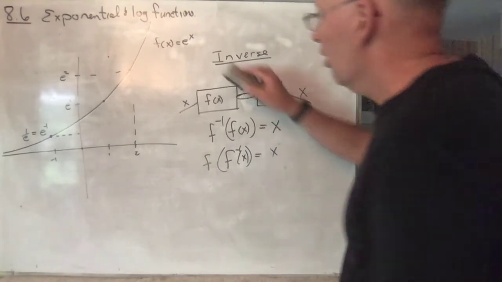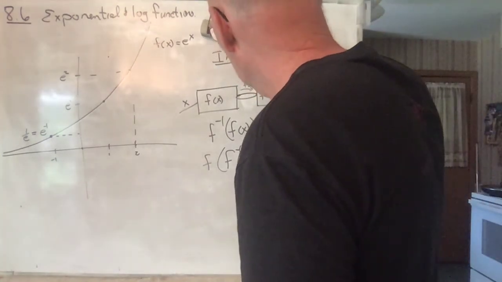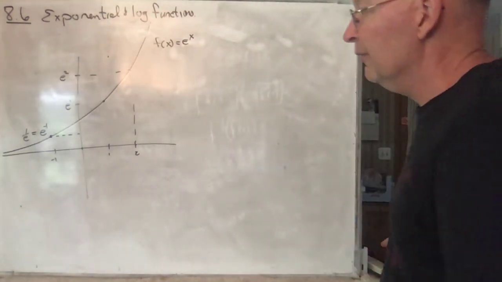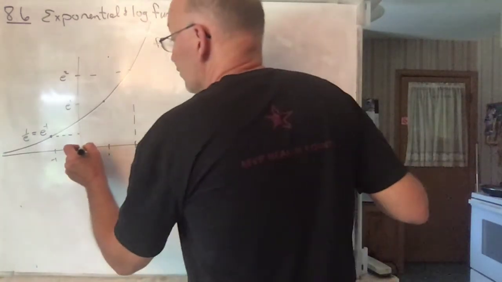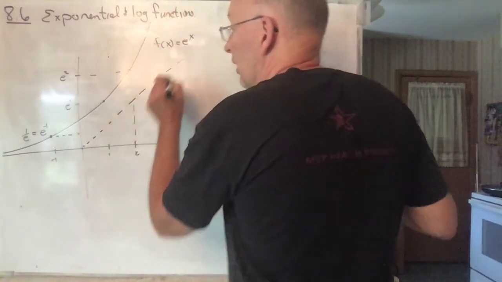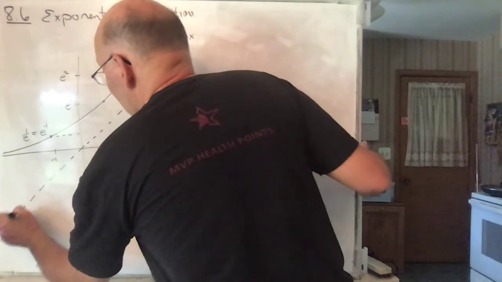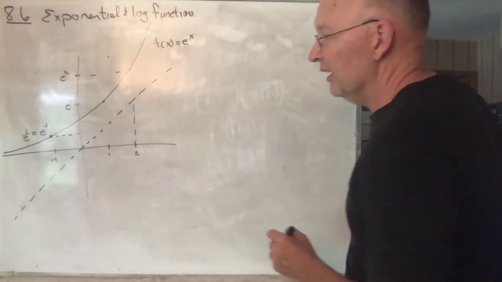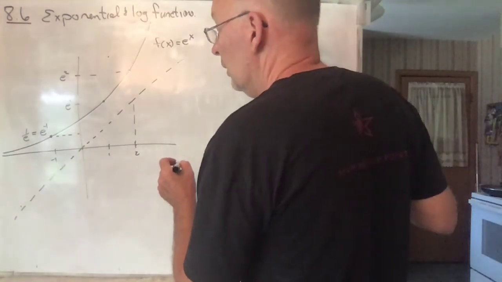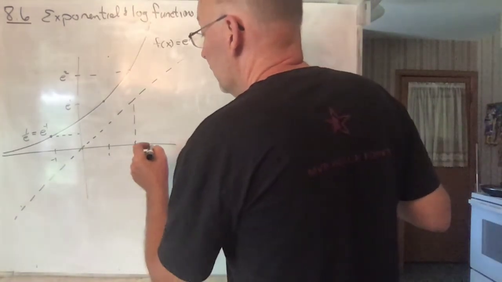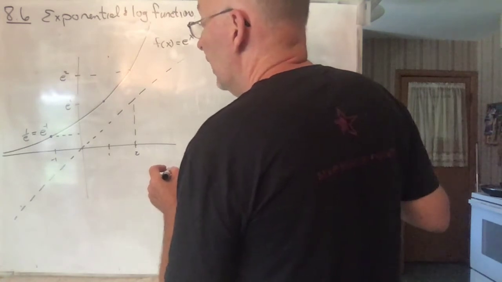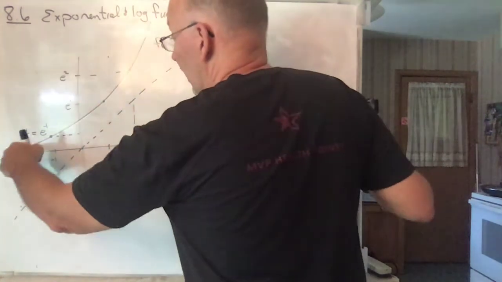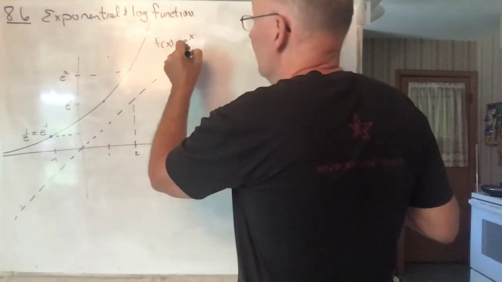And e to the x, along with the other exponential functions, all have inverses. And there's a special shape that the inverses have. It turns out that if you graph the function, you can get the inverse by just flipping this graph over the line y equals x.